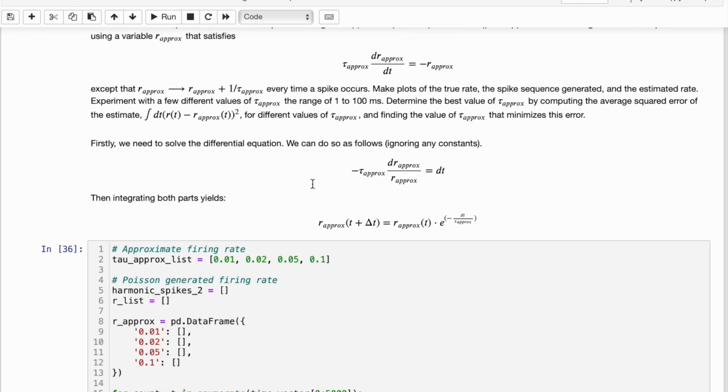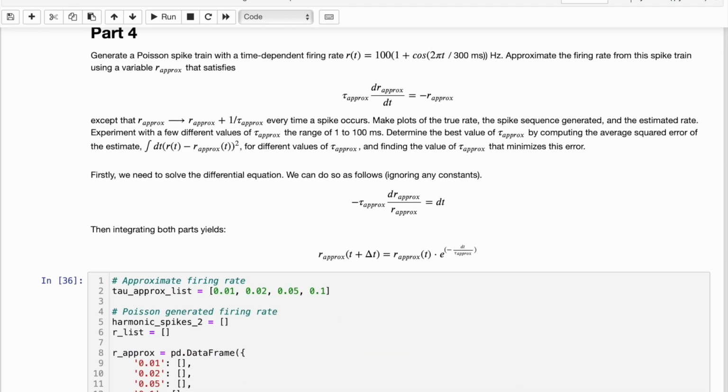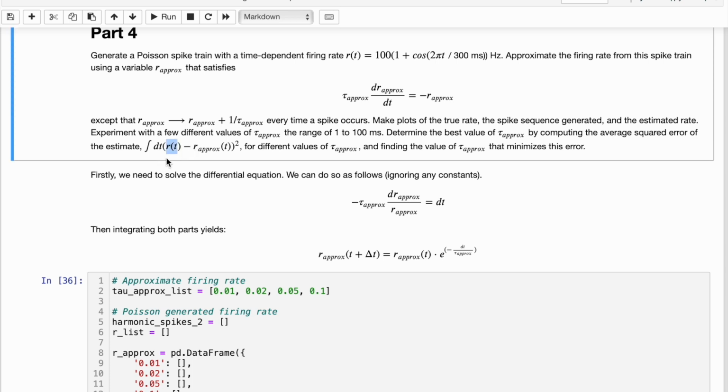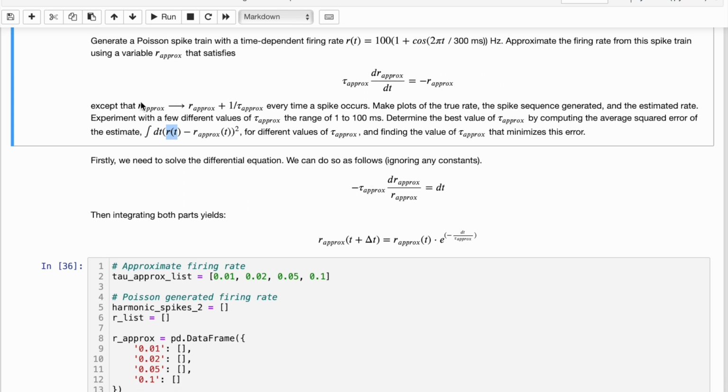The exercise suggests to use the average squared error of the estimate. So this is the formula for it. Essentially what we do is we take the difference at every time point between the real firing rate, the true firing rate, so that was the purple line, and the estimated firing rate at that point, and then square that and integrate over.